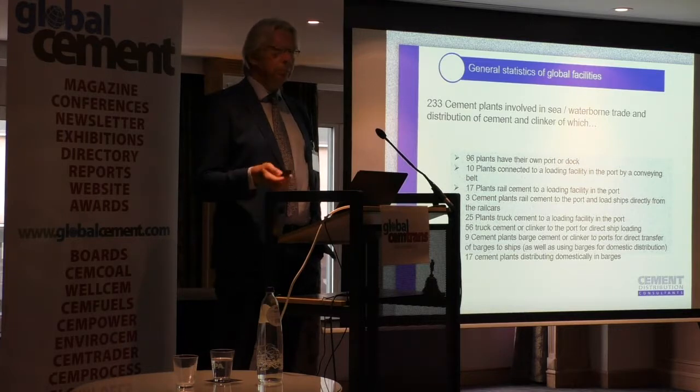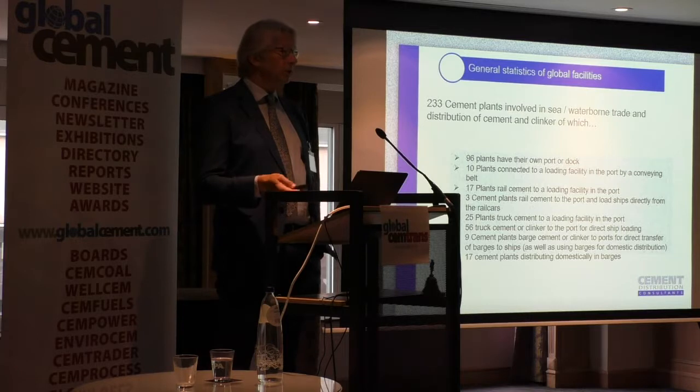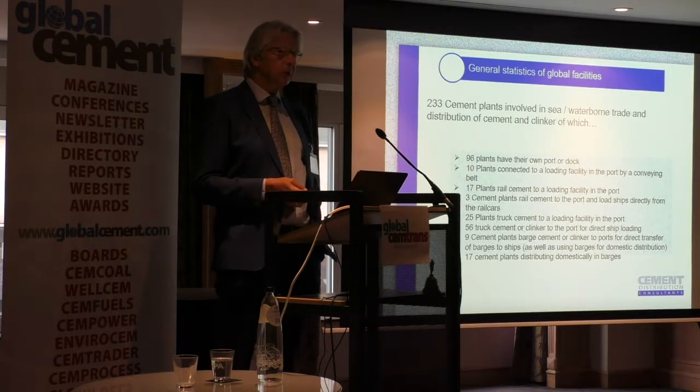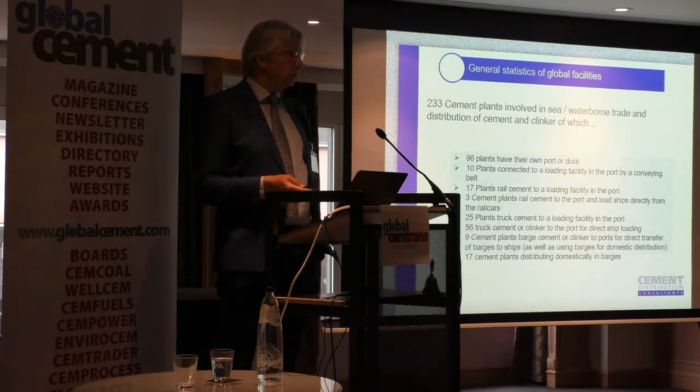Then trucking is the easiest way to get your cement or clinker to the port. 25 plants have a loading facility in the port as intermediate storage, but there are even more plants that just truck their cement or clinker to the port, and basically from truck it's almost directly moved into the ship.